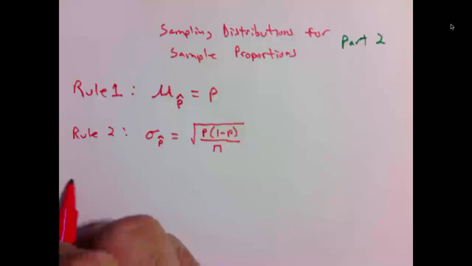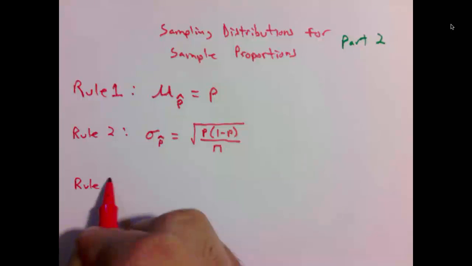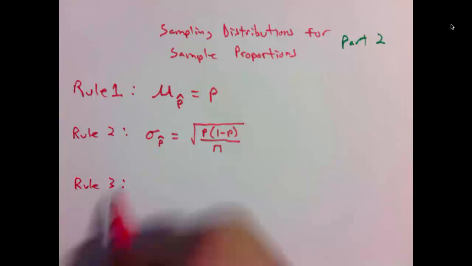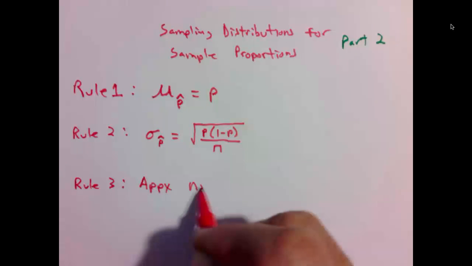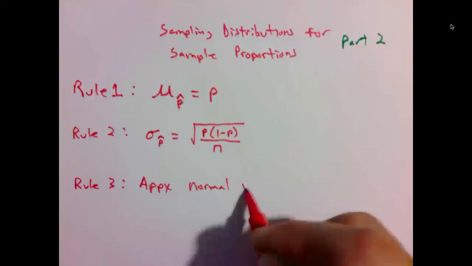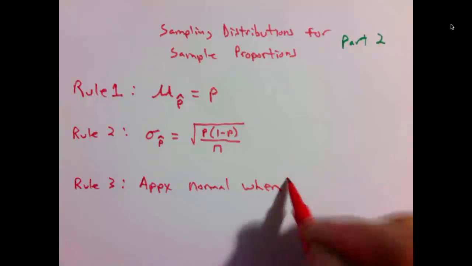Lastly, rule number 3. This distribution will be approximately normal when 2 conditions are met.